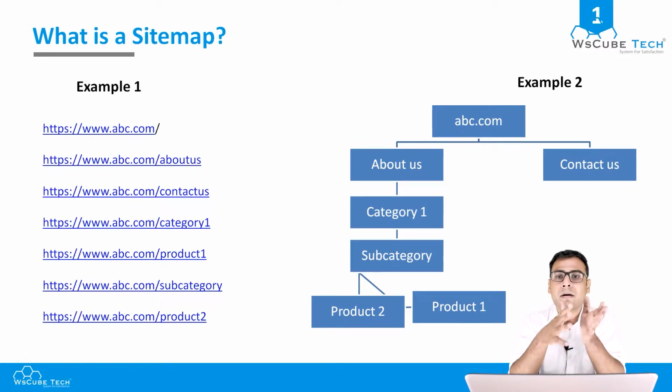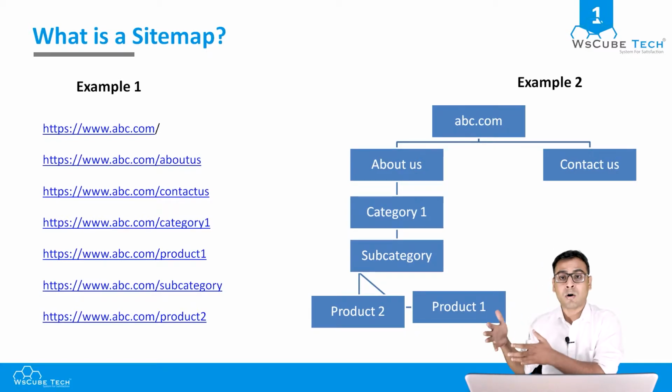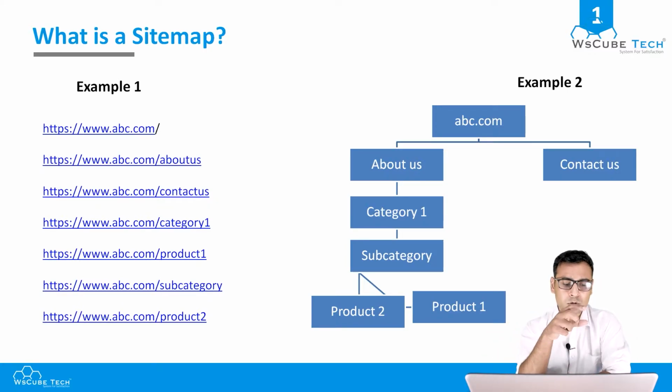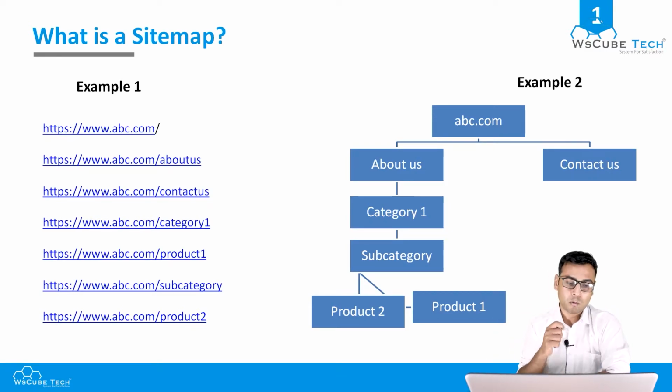There should be a clear structure or clear indication of which pages the crawler has to go to first, and then which pages the crawler will go to the second time or the third time. So there should be a proper sequence or proper format that a crawler should follow when it comes to our website. This is the big problem that can be resolved by a sitemap.